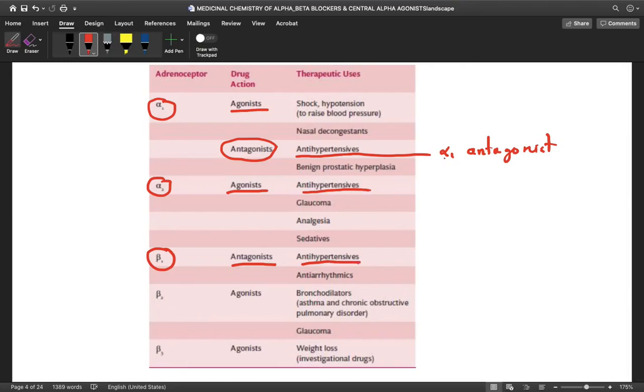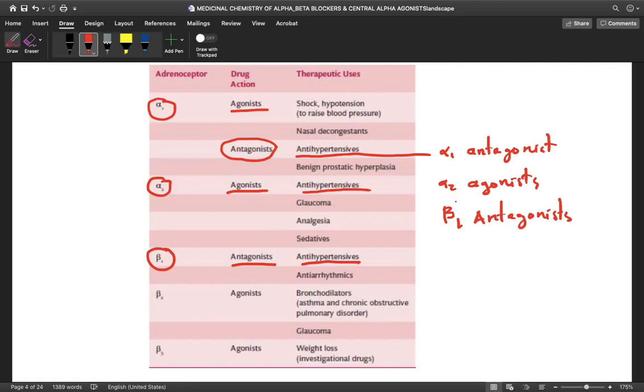So alpha 1 antagonists, alpha 2 agonists, beta 1 antagonists. Let me just repeat that again in case I made a mistake earlier.